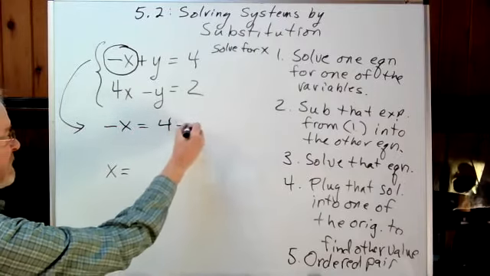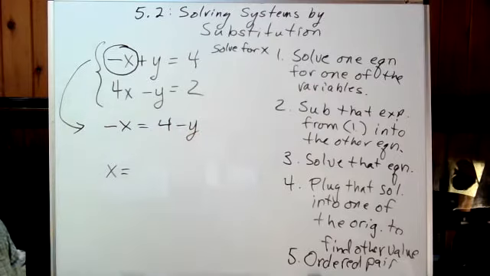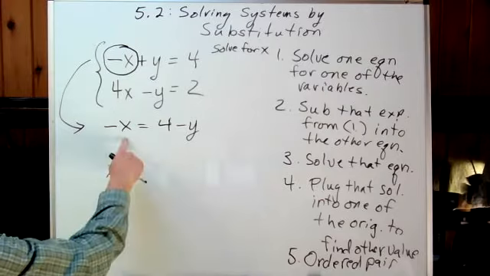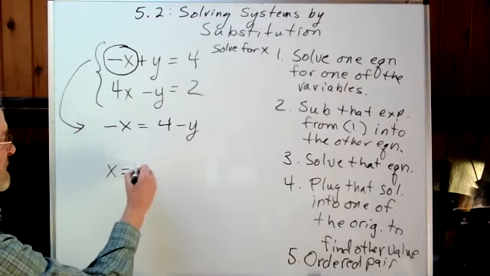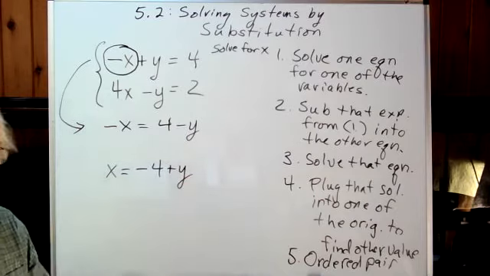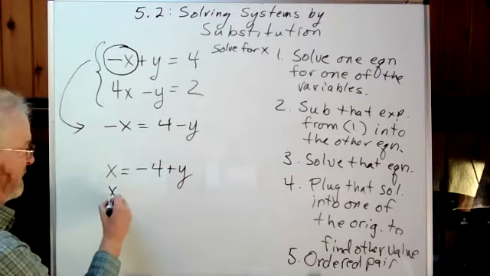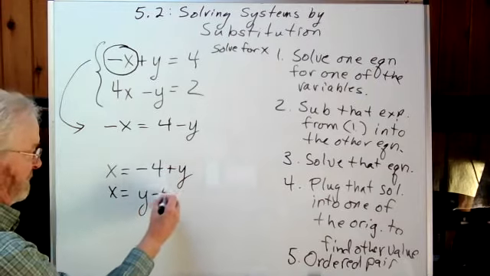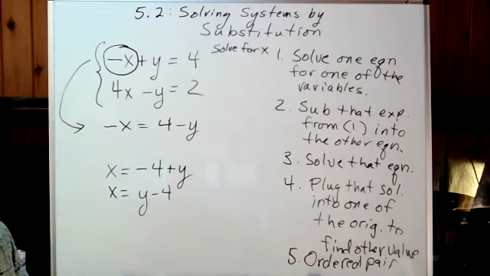I'll just say 4 minus y if I subtract the y's. Now I want positive x, so I'm going to multiply everything times negative 1, which flips all the signs. And so here is, or if you had it in the other order, one version or the other, that's what I think we're trying to come up with for the first equation. Okay.